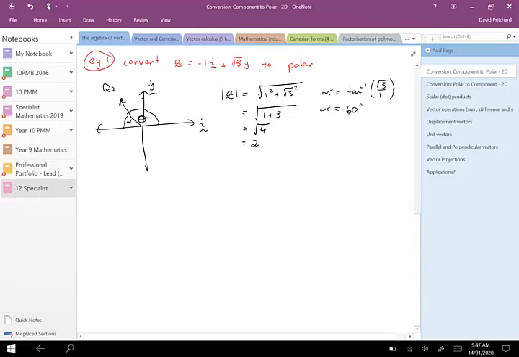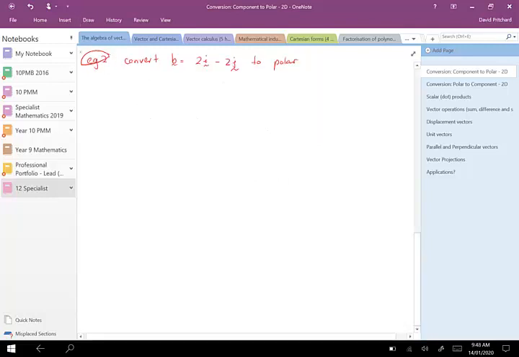If we do it as a positive angle, we know that this angle here is 60 degrees, and therefore the angle that we're looking for will end up being 180 degrees take 60, and we get 120 degrees. So A is 2, 120 degrees. And that's our vector in polar form.